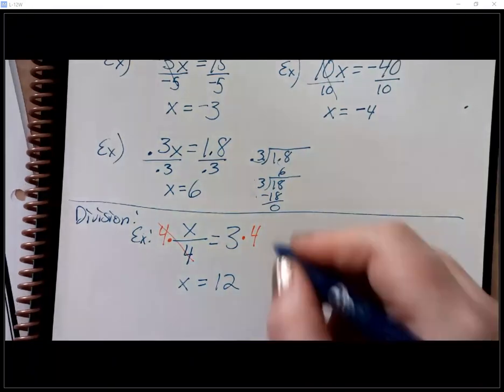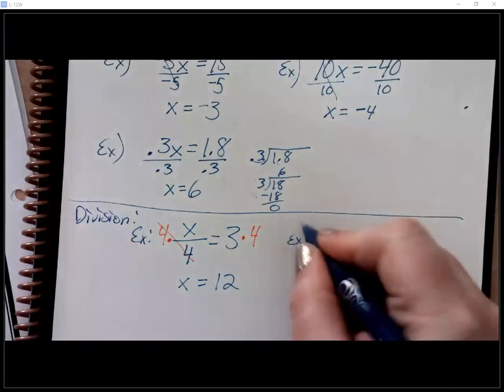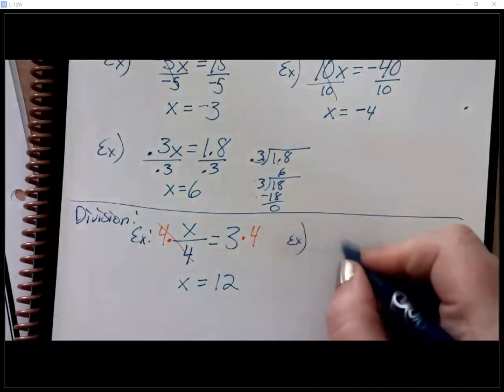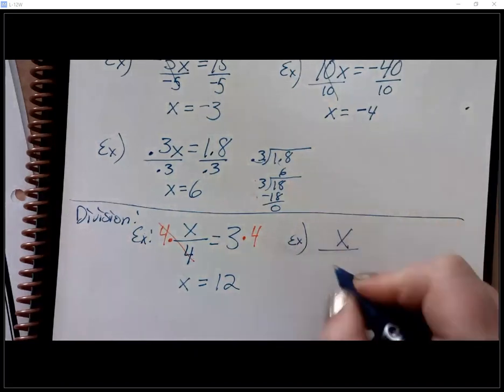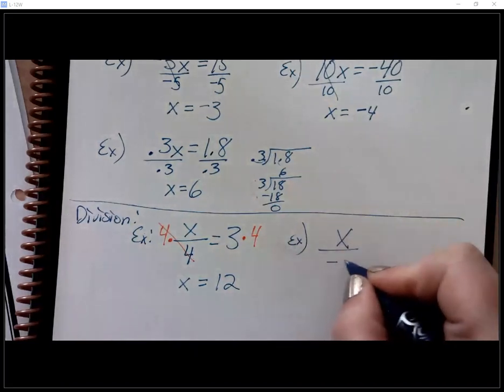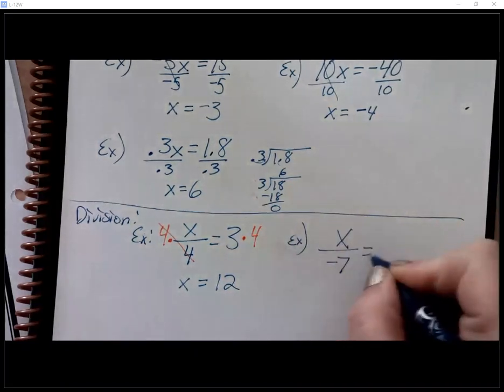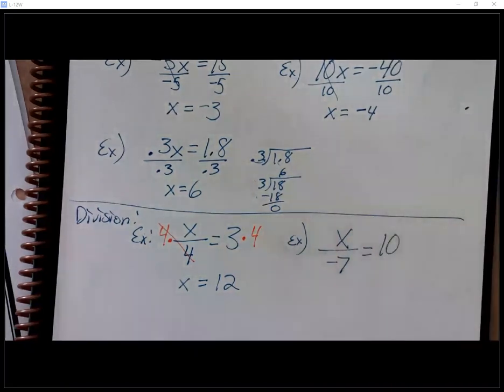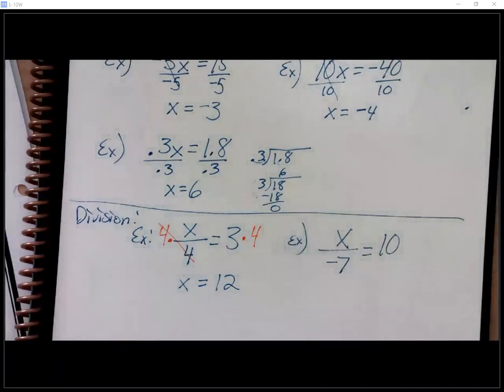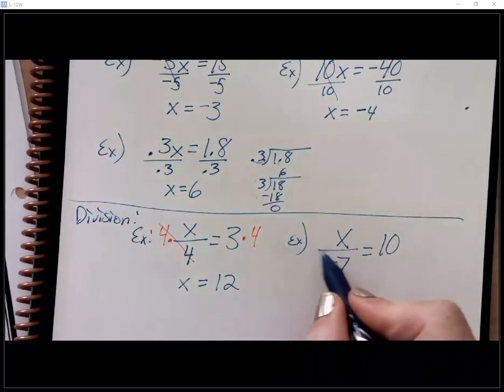Let's try another one. What if you had x over -7 equals 10? So I want to do, say it again. Add 1 under the 10.